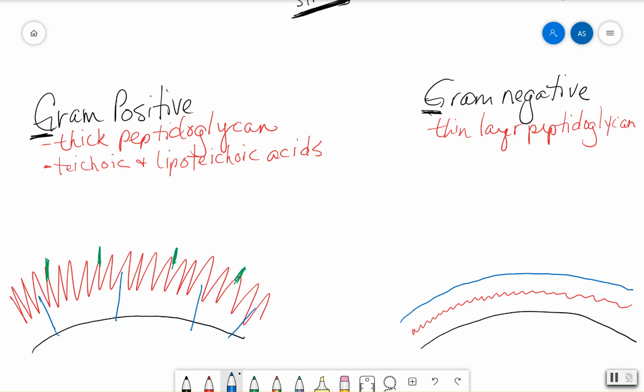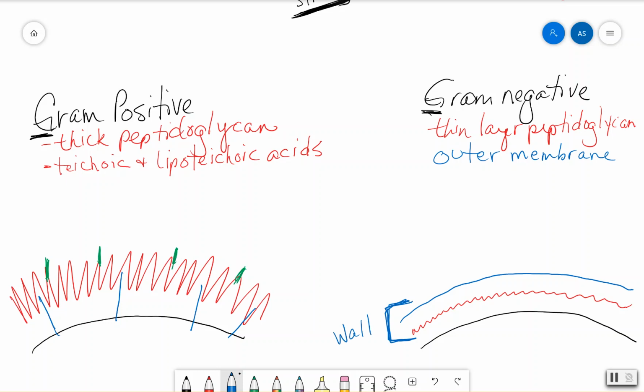We do not call this a cell membrane. It's not a second cell membrane. It's called the outer membrane, and it's part of the cell wall. So these two things, the peptidoglycan and the outer membrane, make up the cell wall of a gram-negative cell.